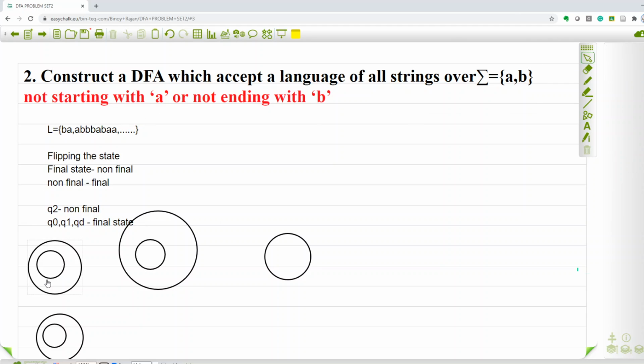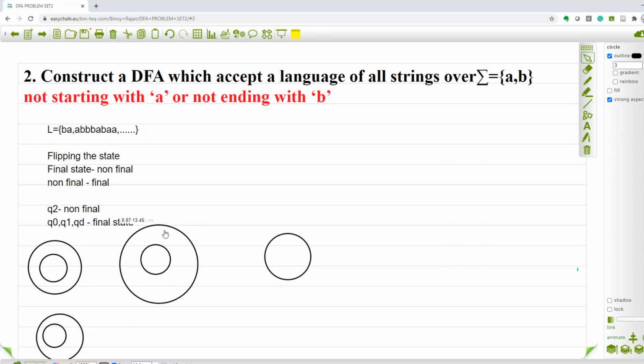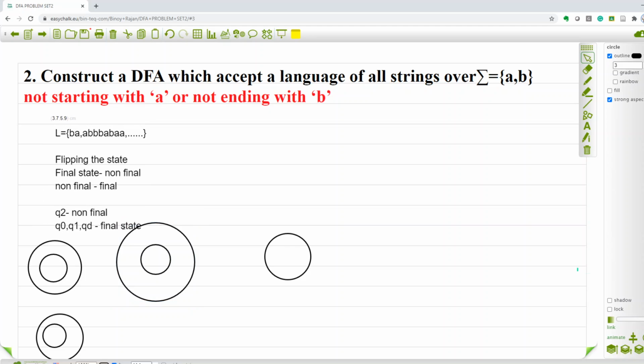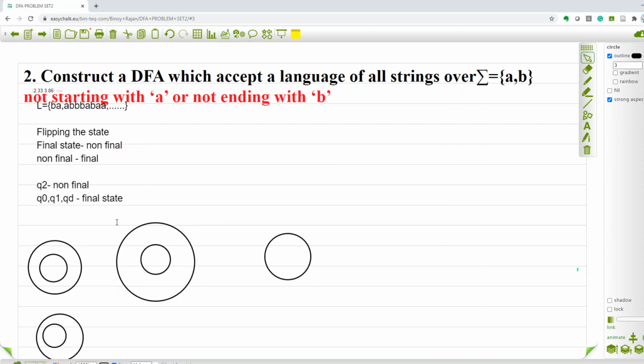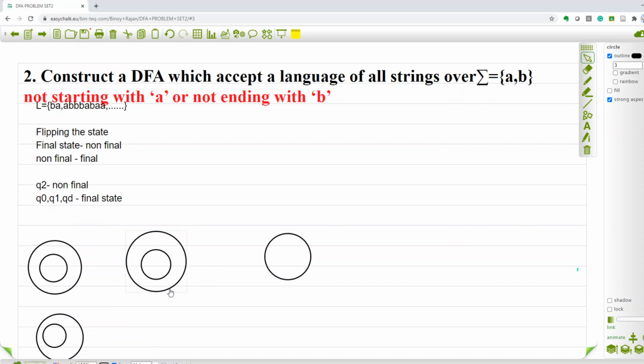Now let's arrange. Reduce the size. Okay, just shift.